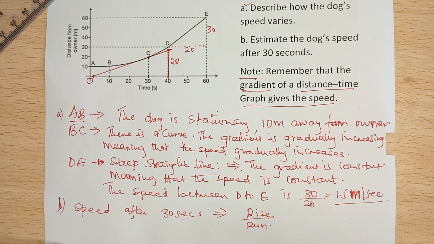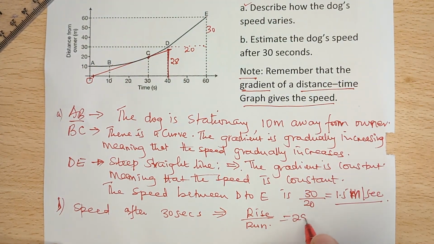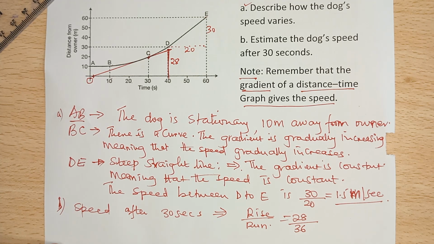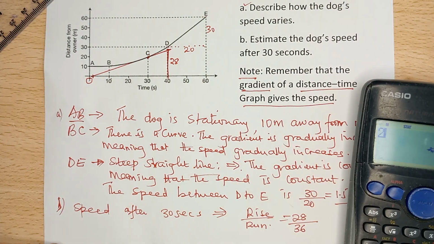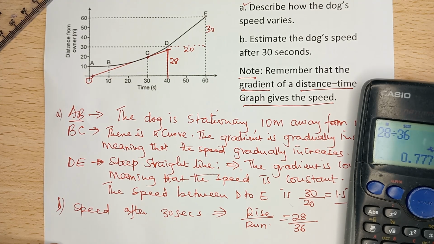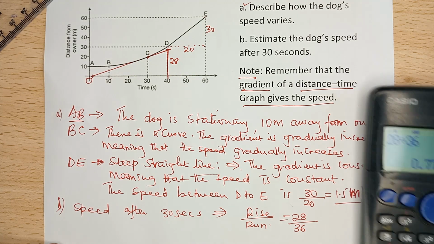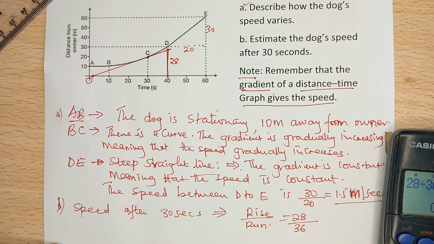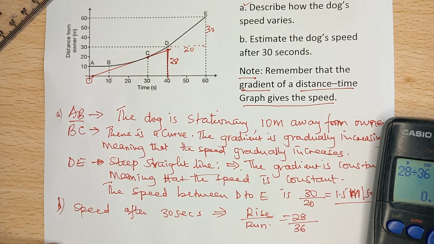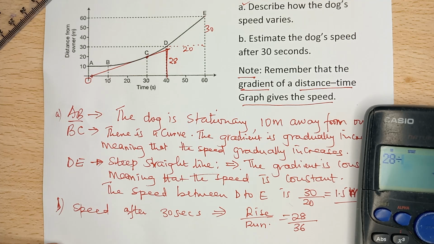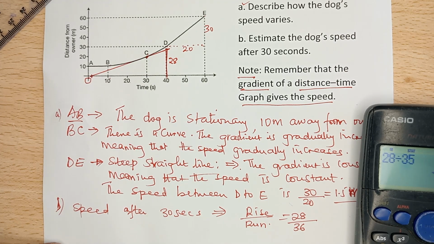The rise is almost 28 over the run, which is about 36 or 37 or thereabout. 28 divided by 36 gives almost 0.77. If we use 35, we get 0.8.